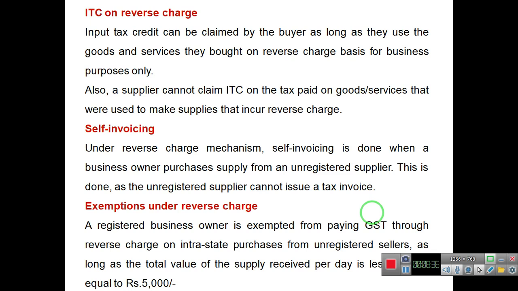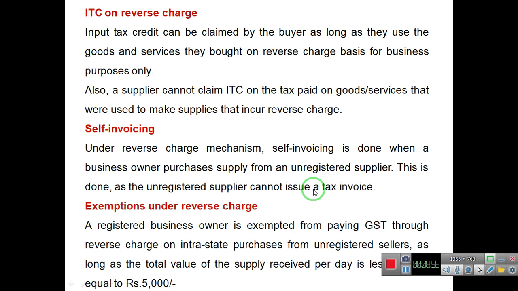Exemption under reverse charge. A registered business owner is exempted from paying GST through reverse charge on intra-state purchases from an unregistered seller as long as the total value of supply received per day is less than or equal to 5,000 rupees.